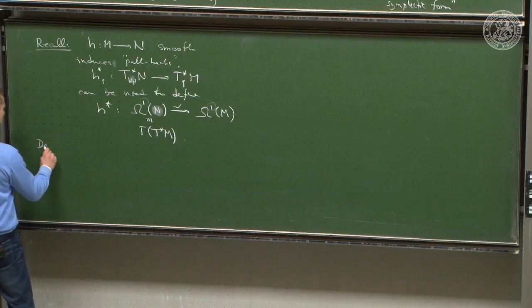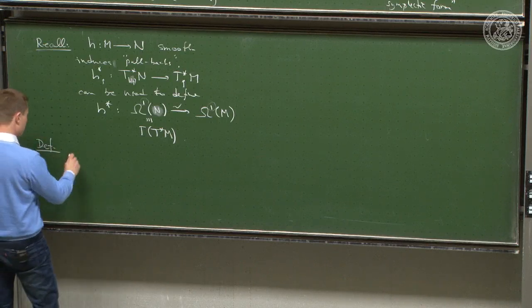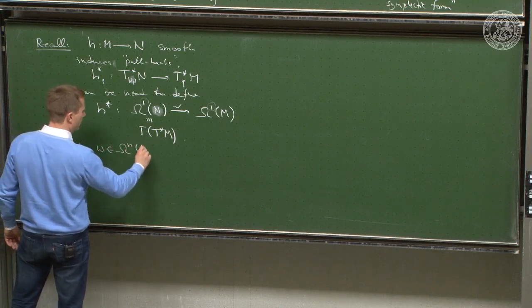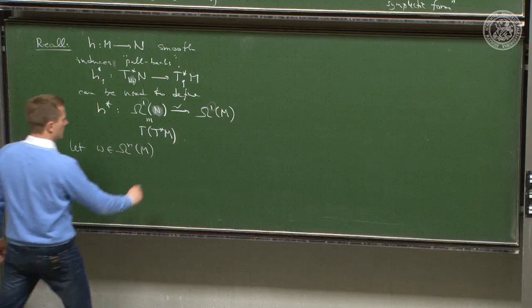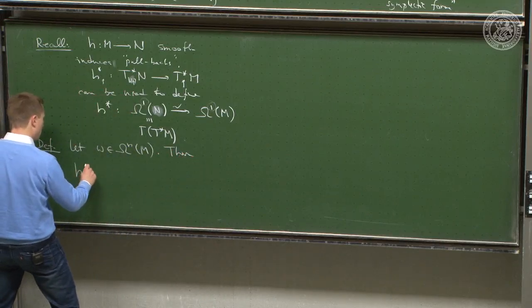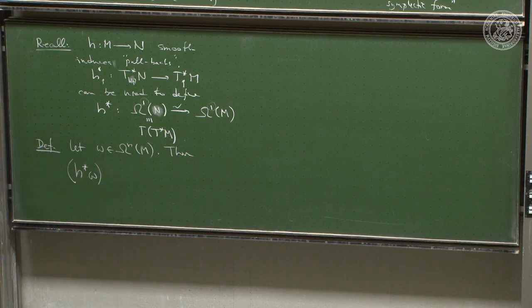So we have the definition. Let omega be an n form. Then we want to define the pullback of that n form instead of a one form. And how do we define this?